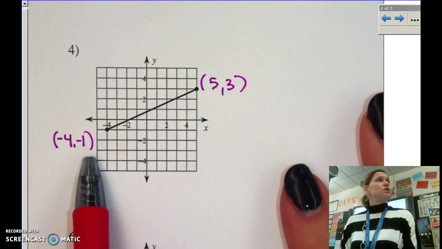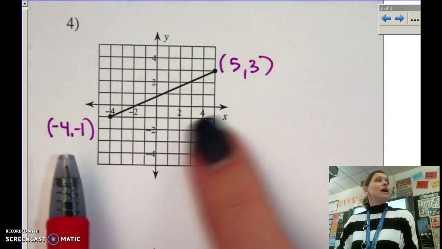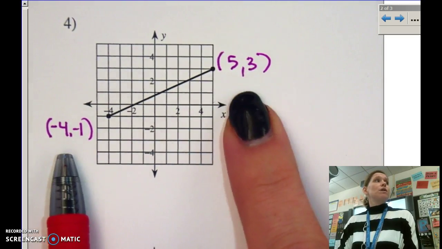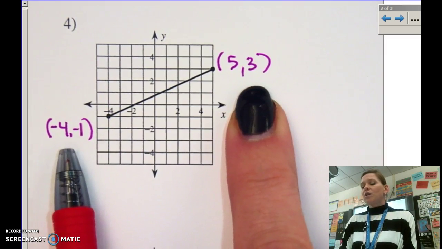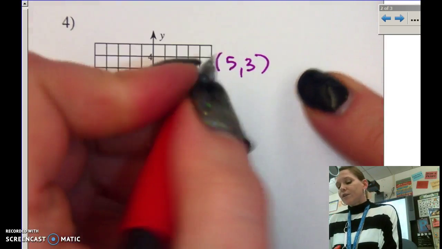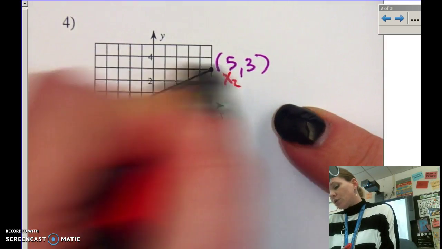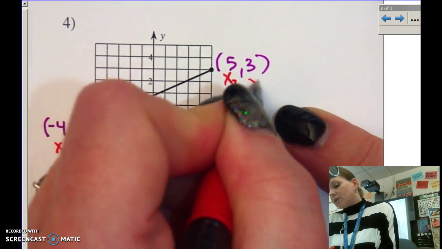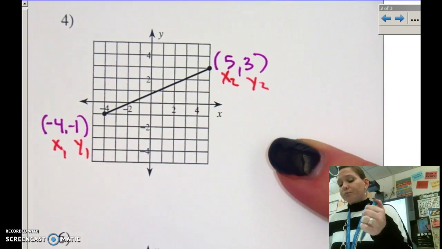So here is the one we're going to look at right now. I have this line, and here are the two ordered pairs on the line, and we want to find the midpoint. Well, we find the average of our x values. So here are our values: x1, x2, y1, y2. I'm just going to label them so we see them. We'll start with the x values.